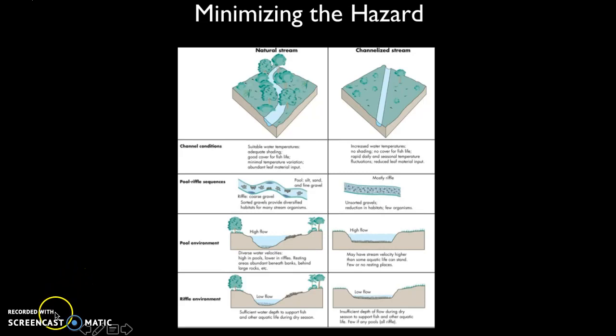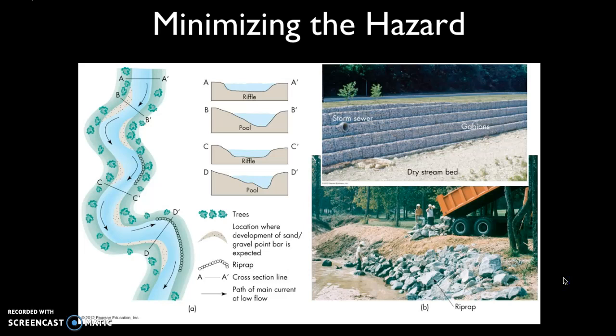to their natural course. Another way in which we can minimize the hazard from, in this case, a meandering stream, and the potential for the stream to erode the cut banks, is through the use of what we call riprap or gabions. You're seeing both of those on the right-hand side, pictures of both.